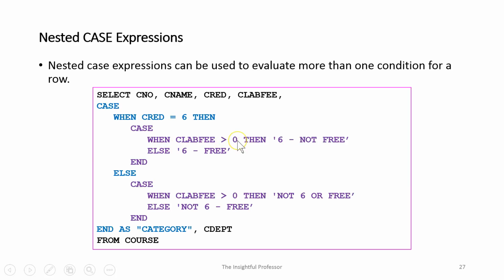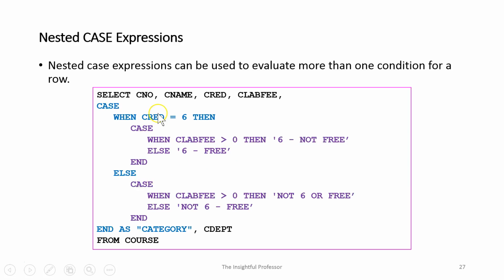If the lab fee is greater than 0, then I return 6 and say not free. I know it's 6 credits, otherwise I wouldn't be within this nested or embedded case expression. Now I'm testing the lab fee. And down here I see, well, the else clause says the lab fee is not greater than 0, but we know the credit is 6, so I say 6 and free.